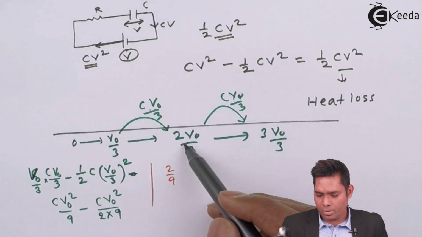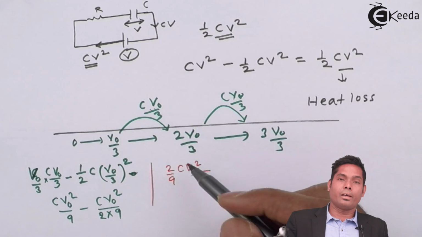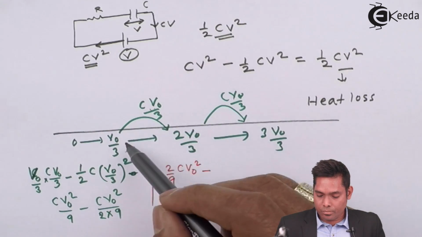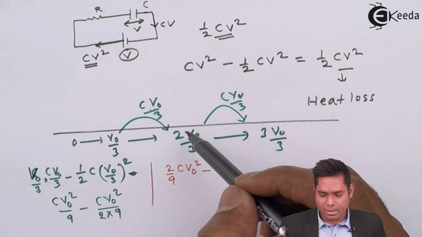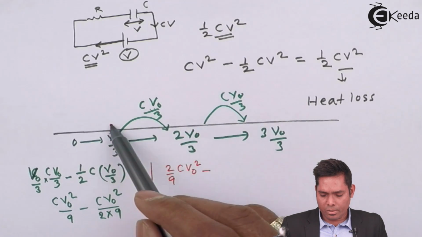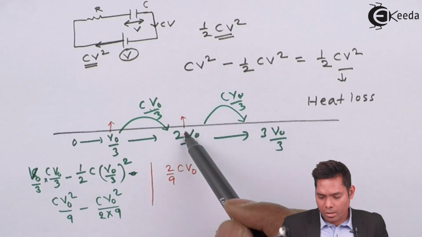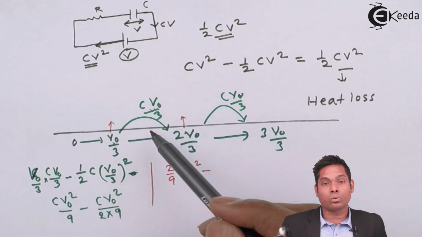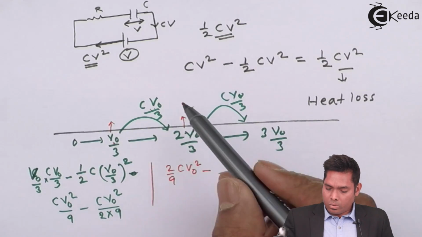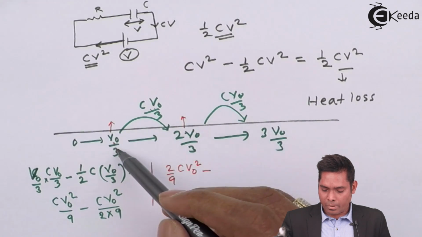These two multiplied give CV naught square, minus the final energy stored in the capacitor. But before you consider the final energy, we know that there was already some initial energy, and this is the final energy. This energy minus this energy is actually the energy stored in the capacitor, and this is the work done. What was the energy in this case? Half C V naught square by 9.